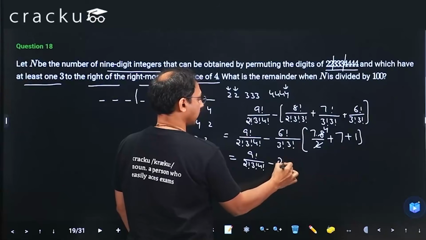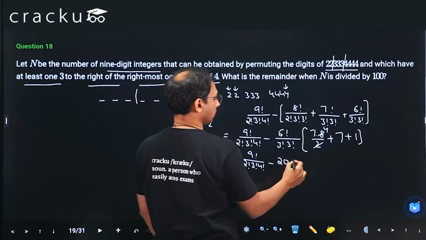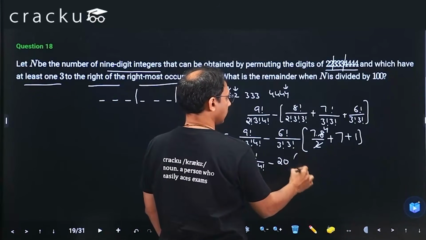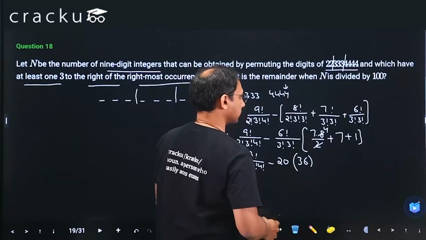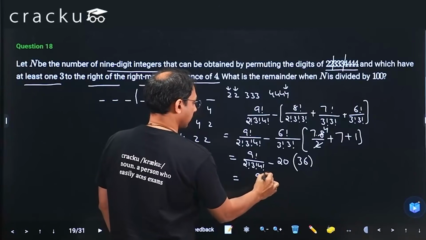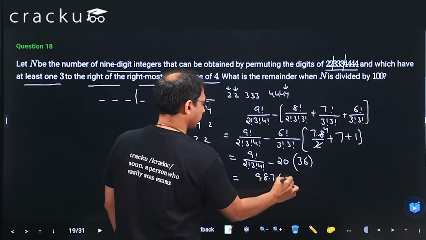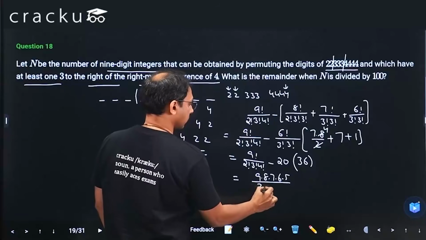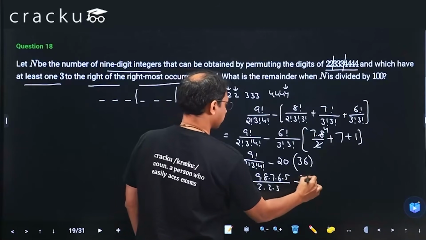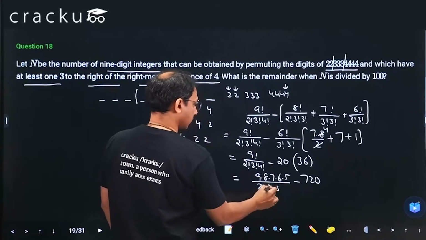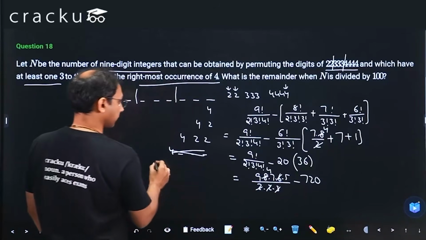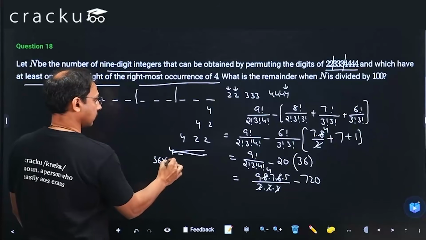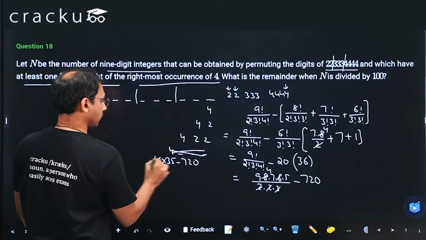This is 20 into 28 plus 8, 36. So if I simplify this, 9, 8, 7, 6, 5, 4 factorial will get cancelled off. 2, 2, 3. So 6, 8. What about this? 36 into 35 minus 720.